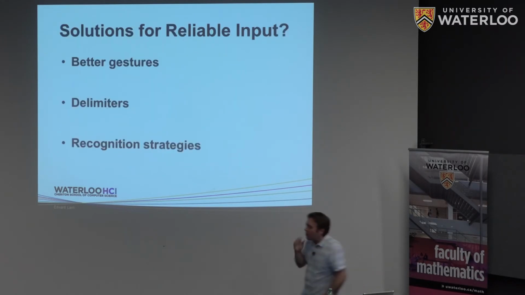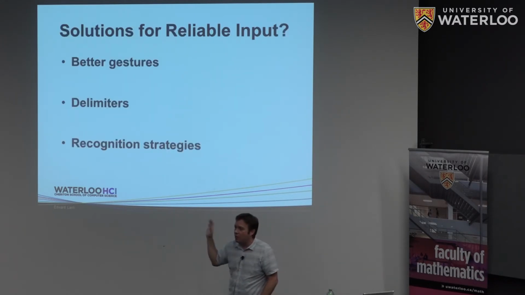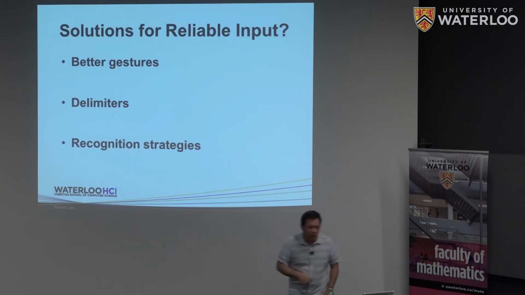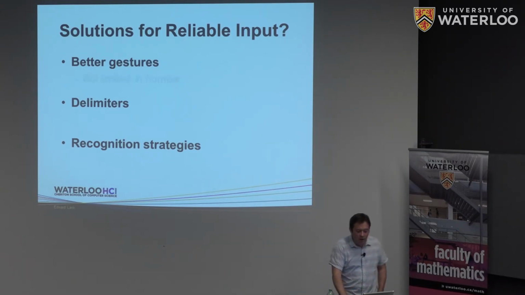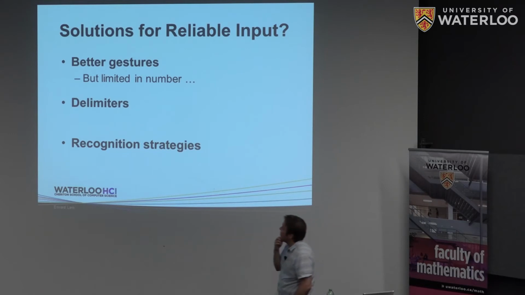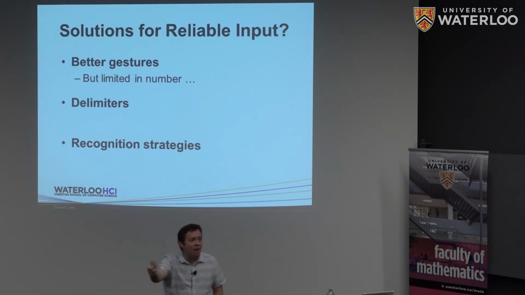And so there are lots of ways to overcome those challenges. And we've looked at all of these ways for overcoming the challenges. But the first two in particular do have liabilities associated with them. So one of the things you could do is you could come up with better gestures. The double flip is an example of a low-effort gesture that almost never occurs in the real world and is easy for someone to master.